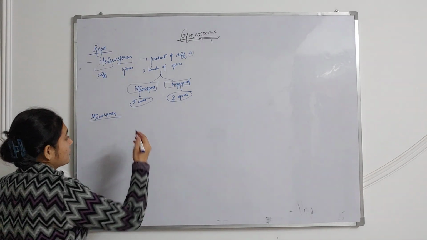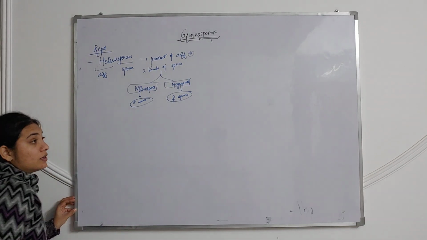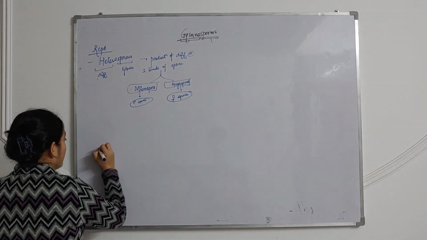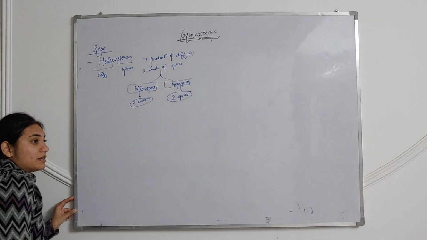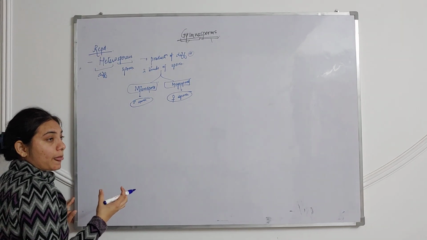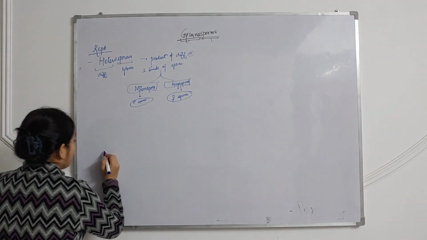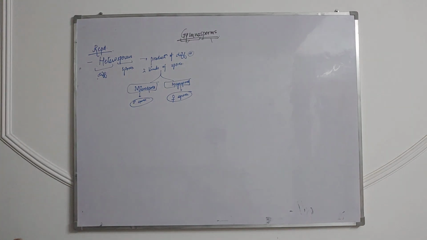Generally, spores are present in a compact structure present in the axial portion or somewhere in the plant.